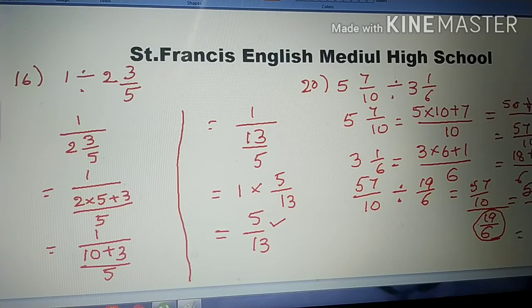Okay, now 3 into 3 divided by 5 into 1. What you get here? 9 by 5. So for this problem your answer is 9 by 5. Okay, understood this one? Note down this one also.